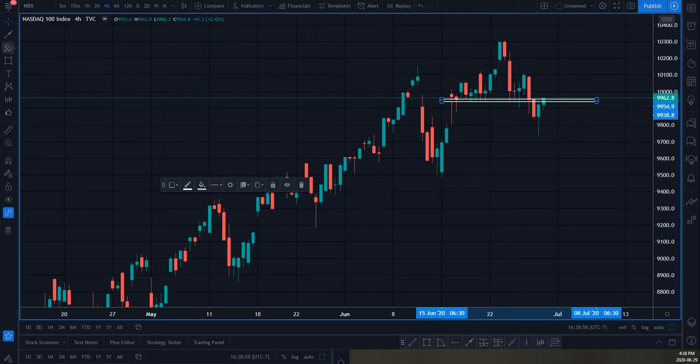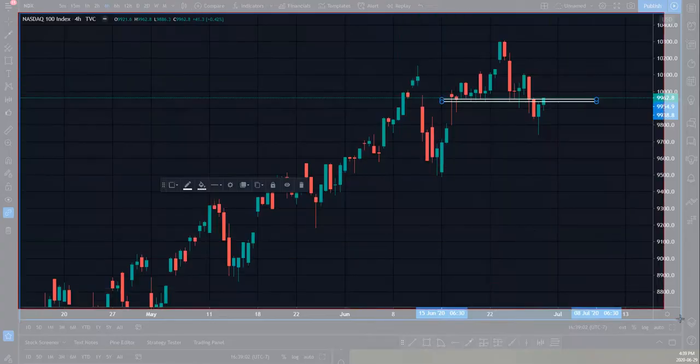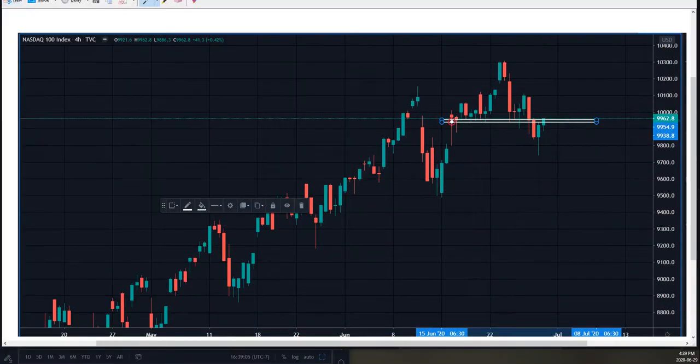What we would need in order to classify this as a potential break of this new resistance zone, because it was a previous level of resistance, is to see this candle close a little bit higher, and then you need to see a retest. This is a red candle right here, and you need to see some level of a retest before the next bullish candle, maybe a bullish engulfing candle, to really signify the bullish push coming into the market.